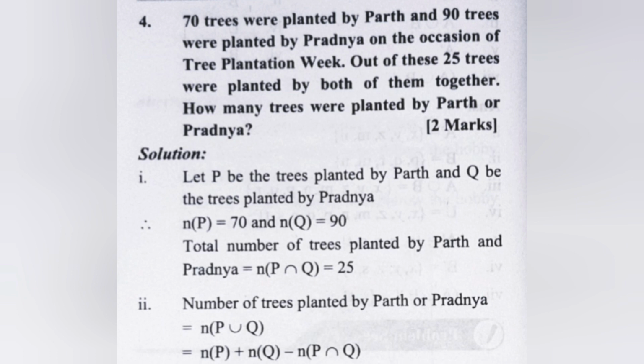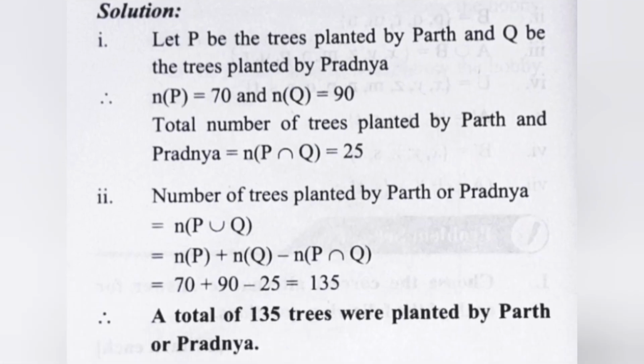Next, number of trees planted by Parth or Prajna, it is P union Q. Why? Because हमें total find करने की, total कितने trees plant हुए हैं. Okay, and how we will find? With the help of formula. So number of P union Q is equals to number of P plus number of Q minus number of P intersection Q. So number of P is equals to 70, number of Q is equals to 90, and number of P intersection Q is equals to 25. This is given.